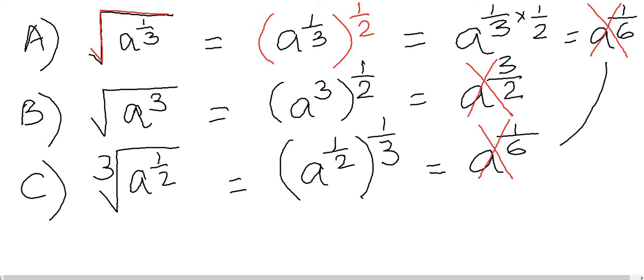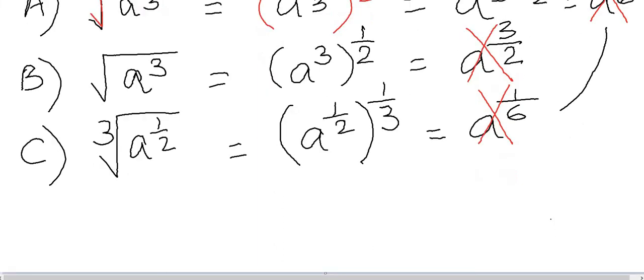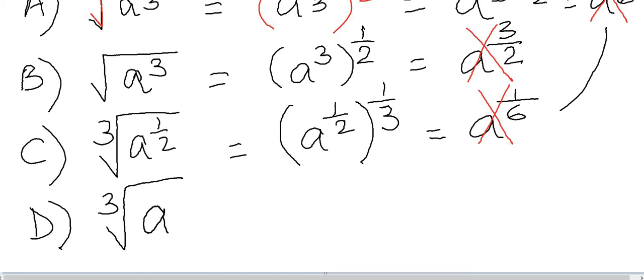Alright, then let's go on to option D, which is again a cube root of a square. So again you write a square first, and then the cube root symbol is replaced by to the power 1/3, right?